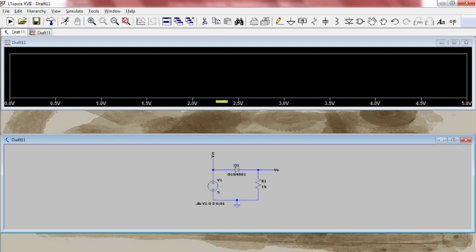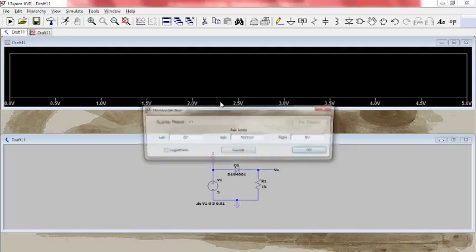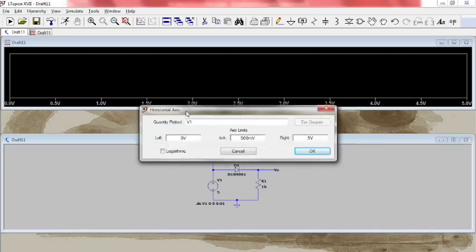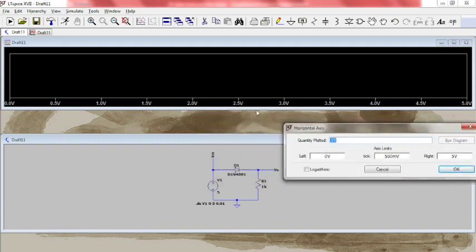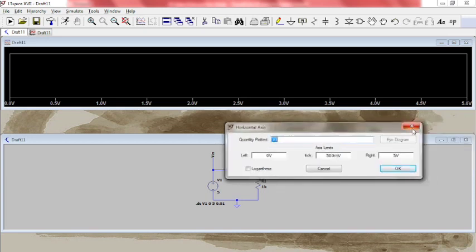Just bring the cursor to this part and we can see the scale symbol. Just right click on that. Here it is mentioned V1. V1 is the source voltage. So now this x-axis is the source voltage. Actually, in VI characteristics, our V is the voltage across the diode.